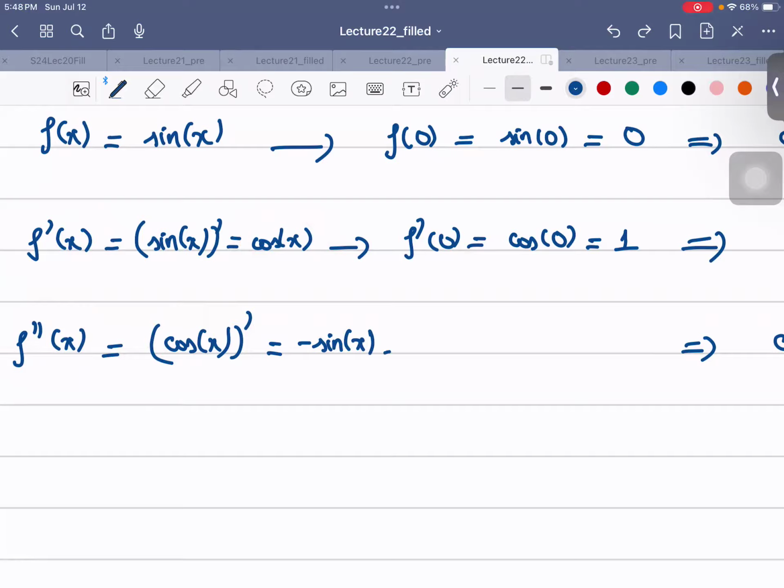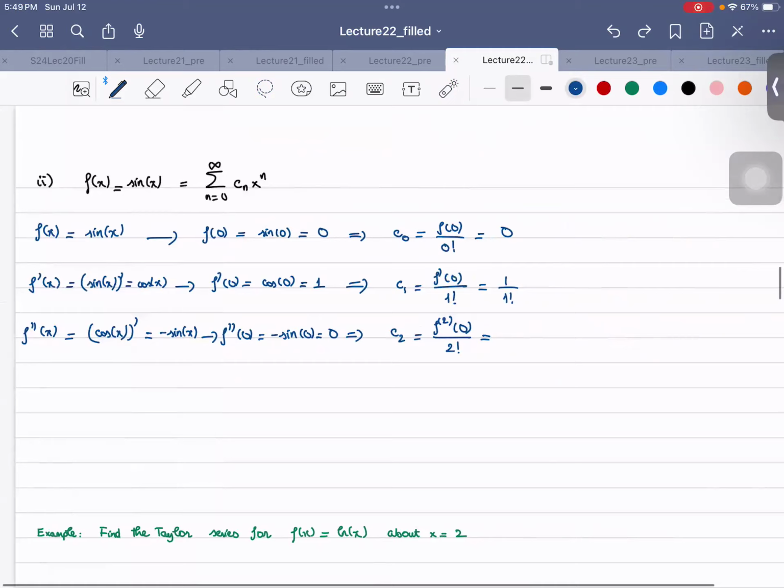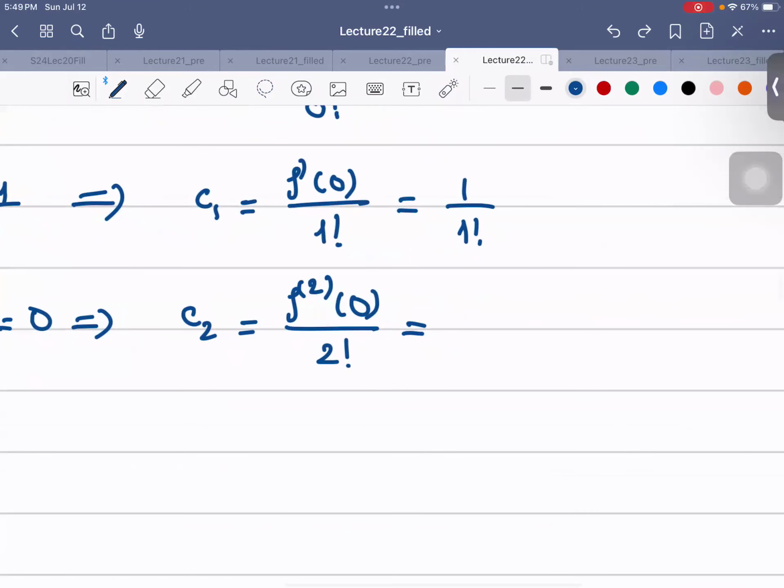From here, f double prime of 0 is negative sine of 0, which is 0, because sine of 0 is 0. So C2 is 0 divided by 2 factorial, which is 0.